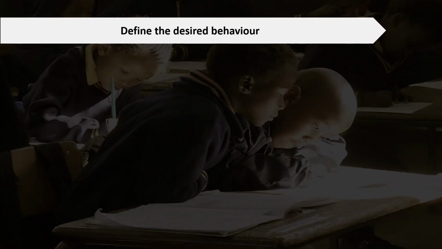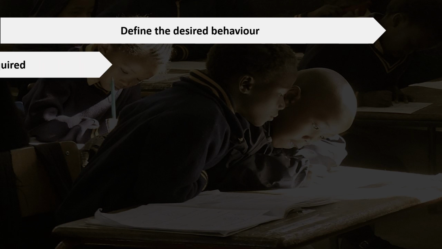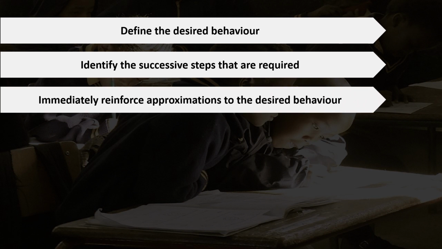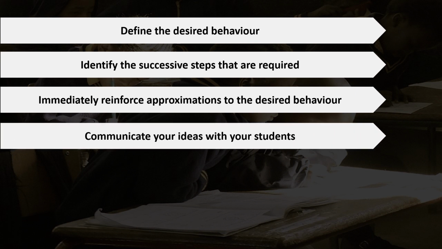One has to define the desired behavior, identify the successive steps that are required if the student is to reach the standard, immediately reinforce approximations to the desired behavior, and communicate your ideas with your students. At the same time, if the desired behavior is not being seen, then you also have to immediately inform your student and have the desired behavior be expressed.